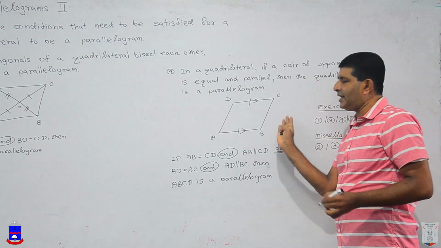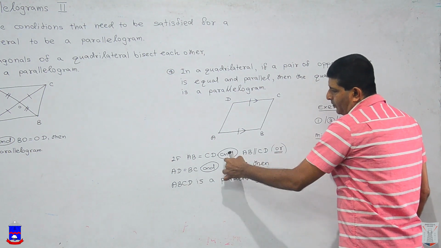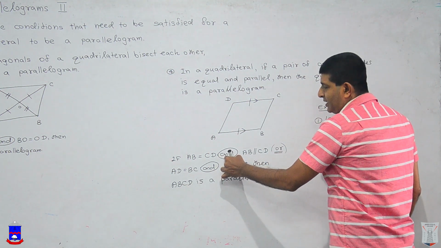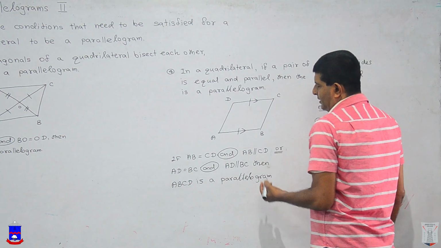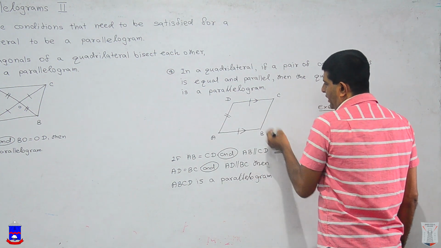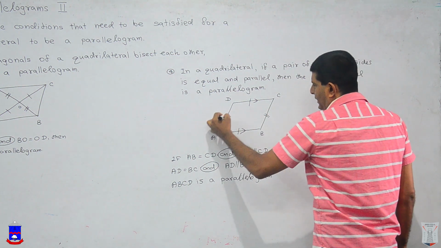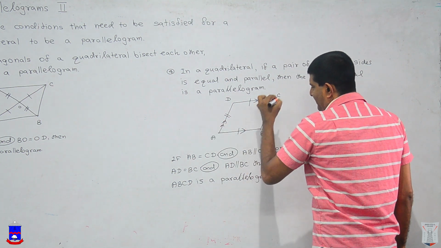We can select the other pair of sides also. That's the important thing. This first one is the first pair, and the second one is the second pair. We are taking the side AD. Side AD should equal BC and AD should be parallel to BC.